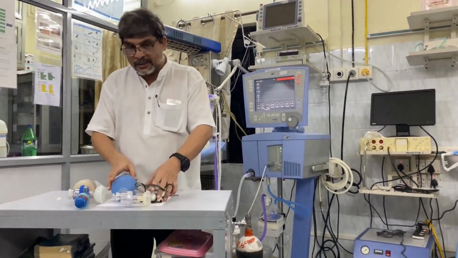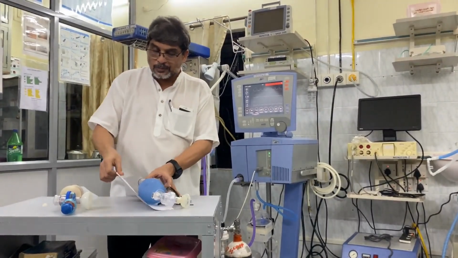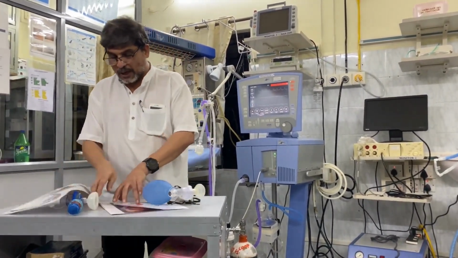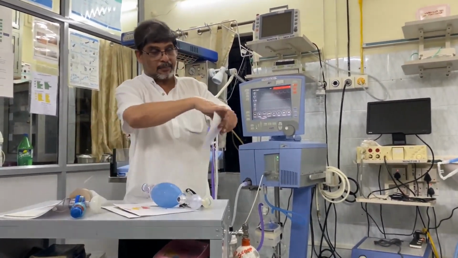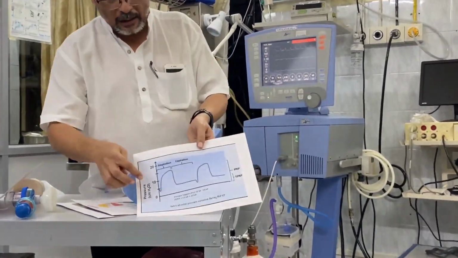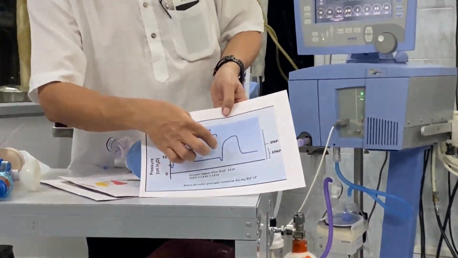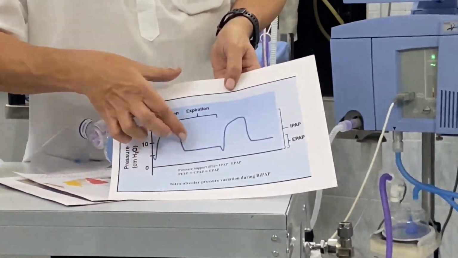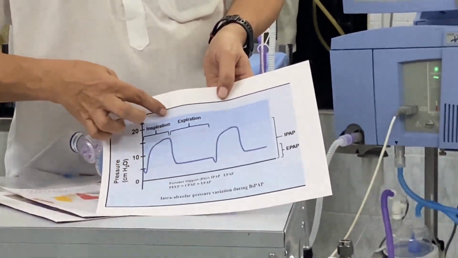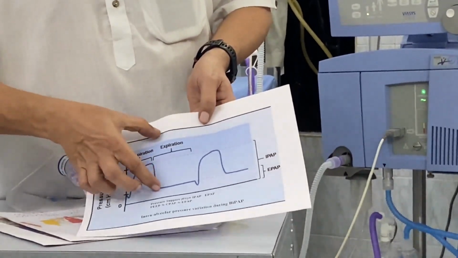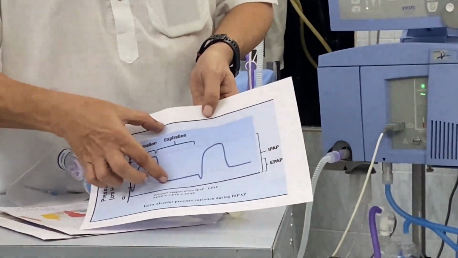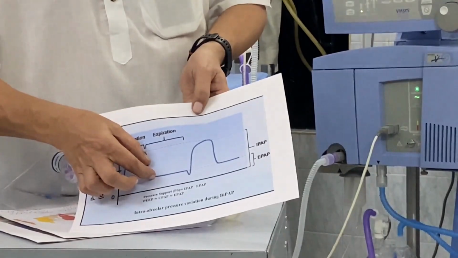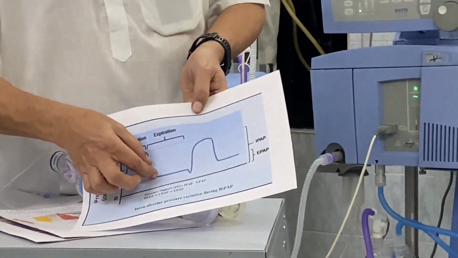So how do you increase the tidal volume? Suppose you have inspiratory and expiratory pressure like this. So this is inspiratory pressure, and this is expiratory pressure. If you increase the difference between the two, so if you increase the peak inspiratory pressure, the tidal volume increases. If you decrease the peak inspiratory pressure, tidal volume decreases.